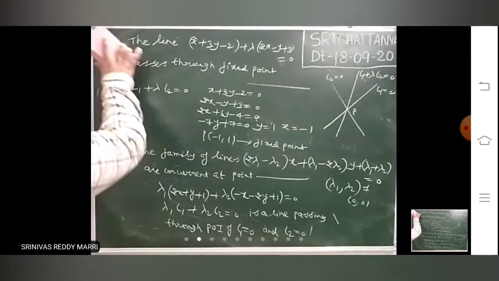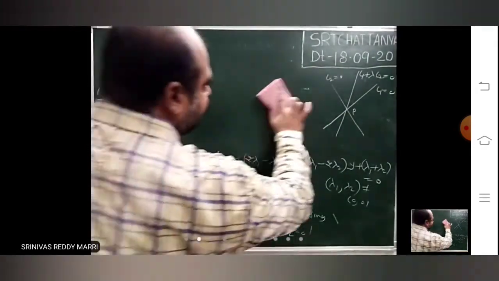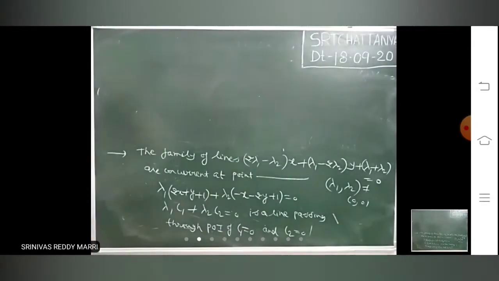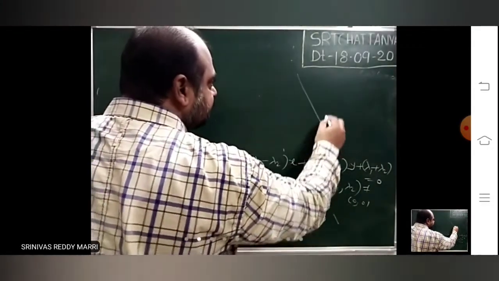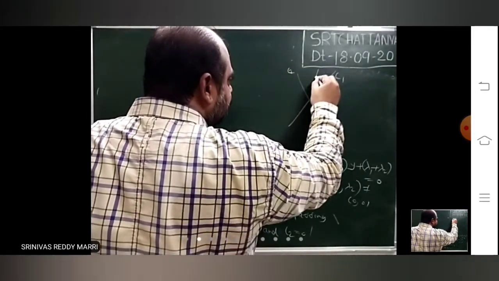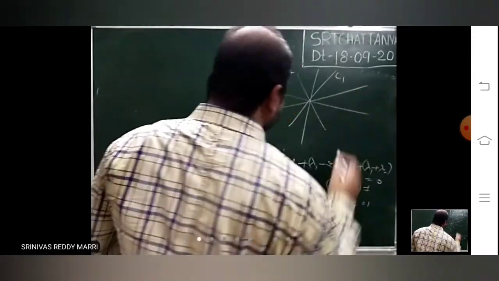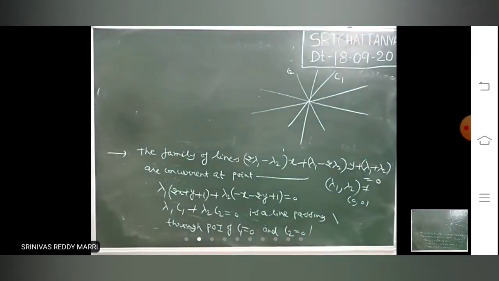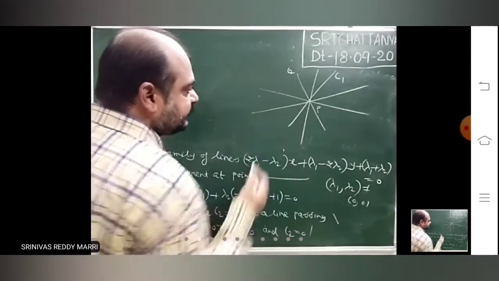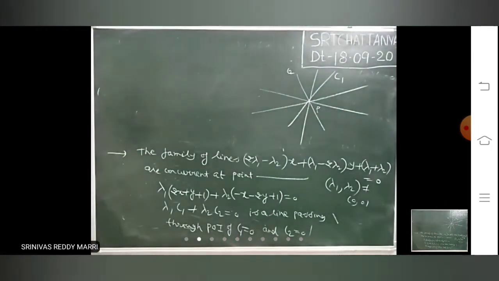So that fixed point is nothing but the point of concurrency. Like this, L1 is there, L2 is there, and all the lines will be there. The point of concurrency is nothing but the point of intersection of L1 and L2.